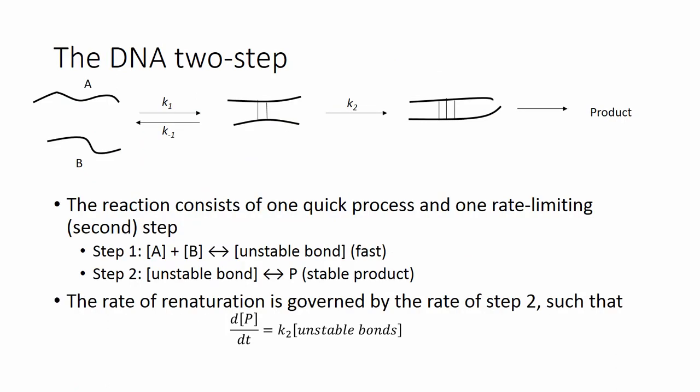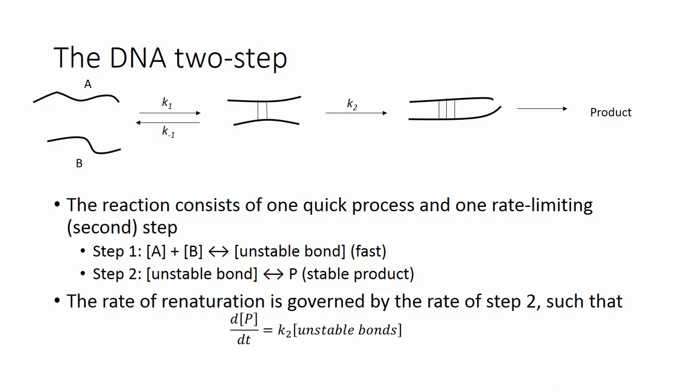So again, the reaction consists of one quick process and one rate-limiting process, and the rate-limiting process, as you may have guessed, is the second step. Step one is A plus B, the making of our unstable bond as well as the breaking of it. This is fast. Step two is the unstable bond forming the product, which is our stable DNA duplex molecule.